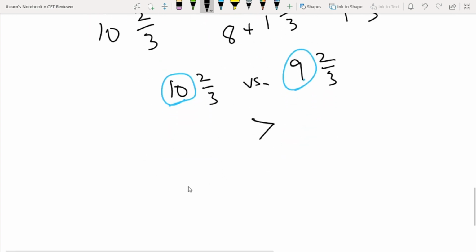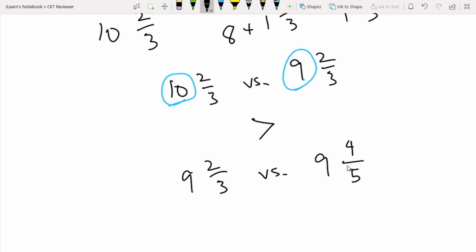So, for example, you have 9 and 2/3 versus 9 and 4 over 5. So, you need to compare 9 and 2/3 and 9 and 4/5. I-check mo lang ngayon yung number, no? So, pareha sila na number, so you just disregard that. No? So, now you check yung fraction. Ano ba mas malaki, yung 2/3 or yung 4/5?